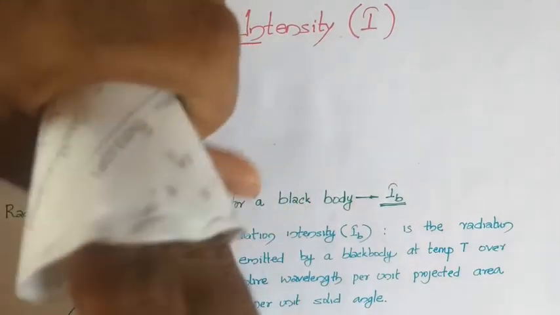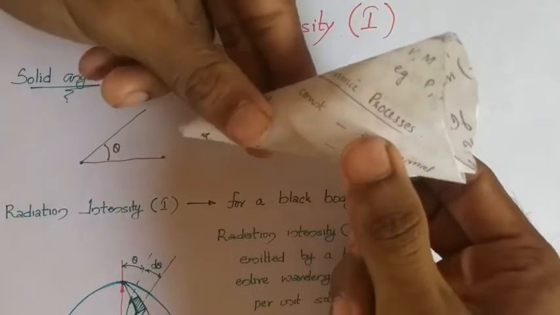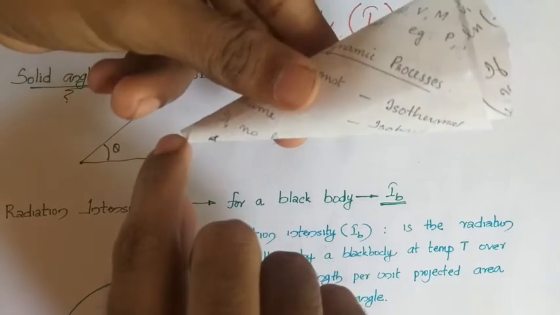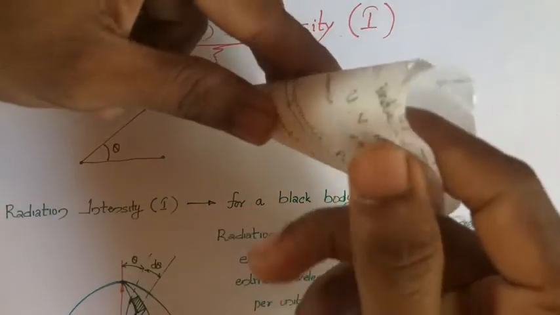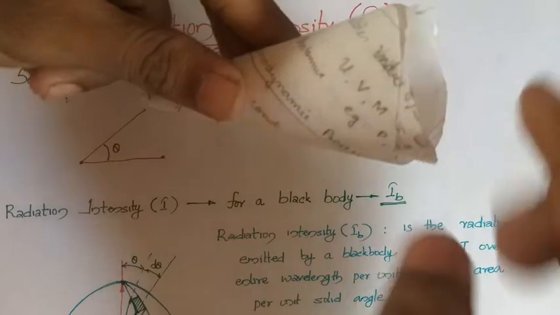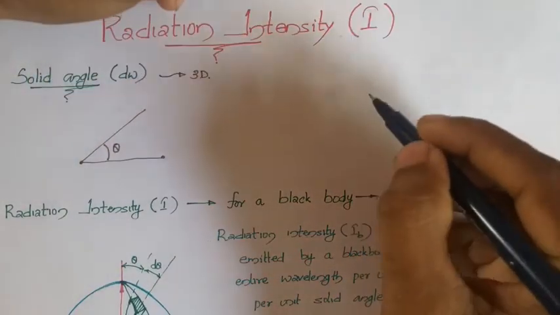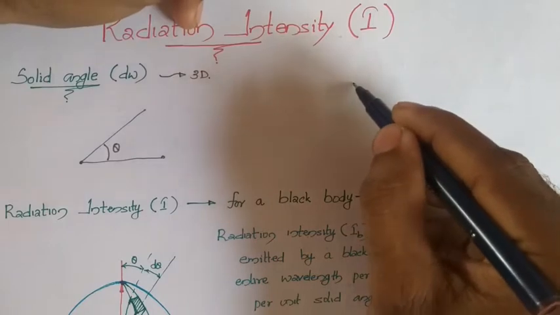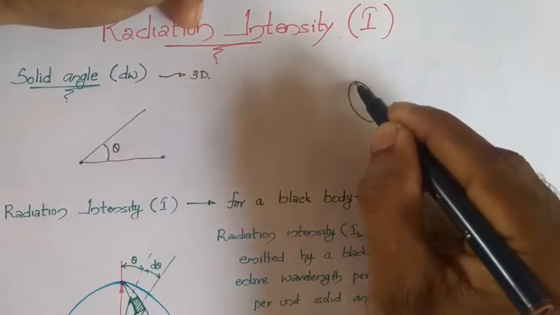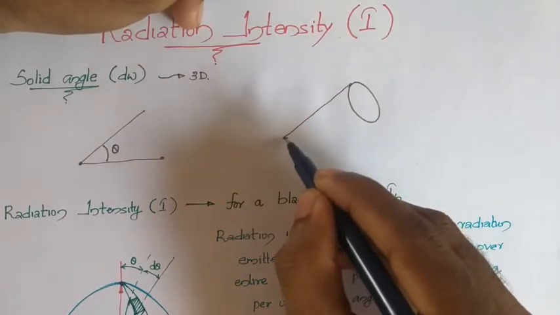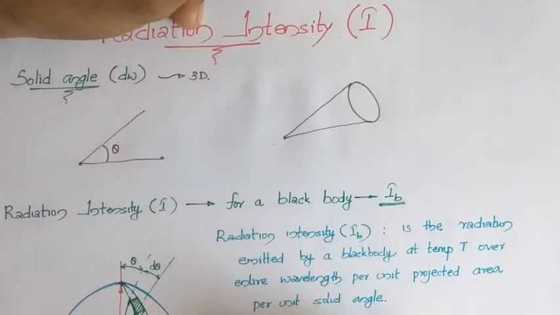For considering the solid angle, you can see this is a cone. The cone is pointed, with the vertex or apex point here, and it has a base here. So there will be a base area for this cone, and I will be drawing that base area here, and it is pointed towards this point.